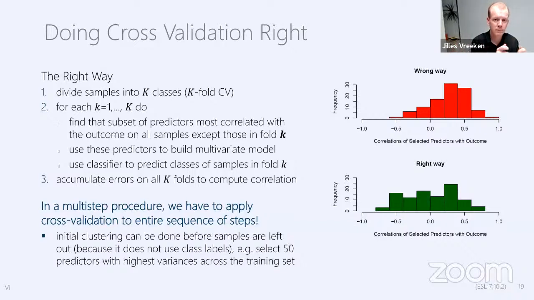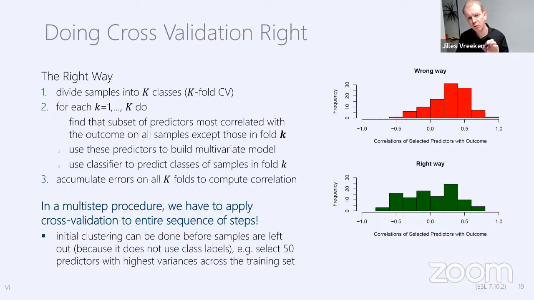And then on the fold that we held out, we see what the actual correlation is. That's what we should do. And we repeat this k times. We accumulate all these errors, and look, then we have a plot that looks like this. In certain cases, yeah, we have negative or positive correlation, but the mean here is correct. This is how we estimate it.